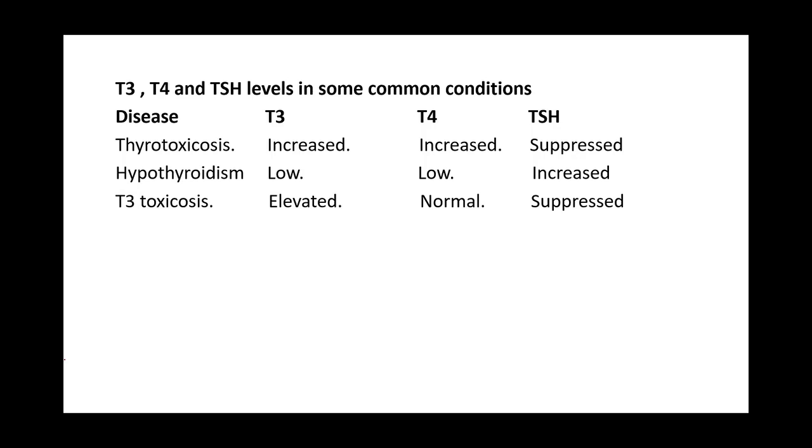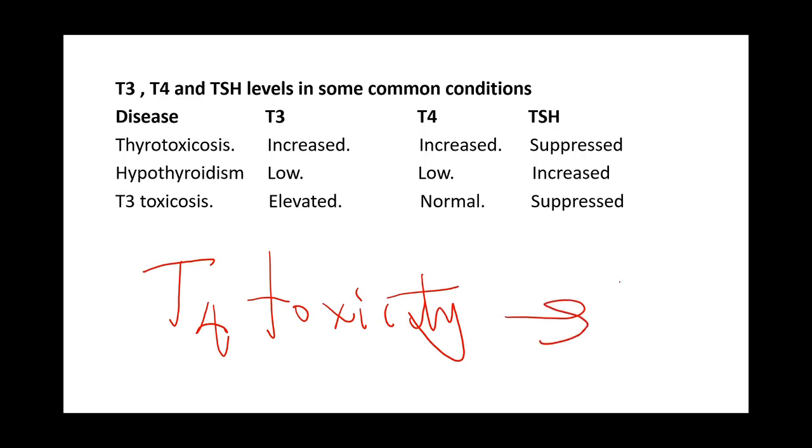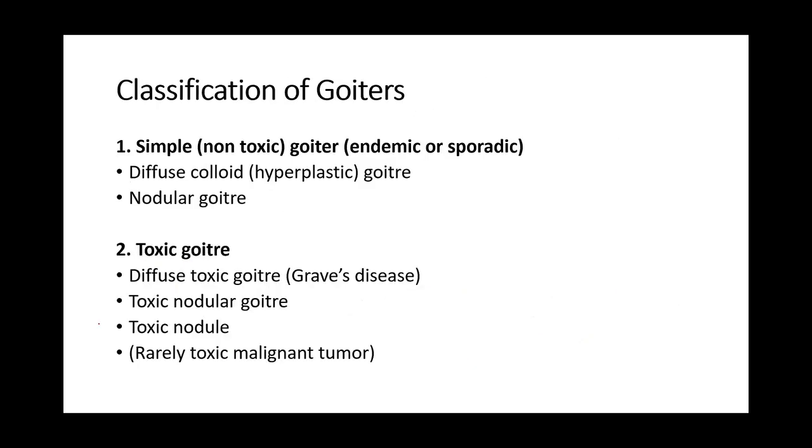You can also have an isolated T4 toxicity, which is seen in drug-induced thyrotoxicosis, where the rate of conversion of T4 to T3 is less than the rate of production of the hormone from ingestion of the drug.